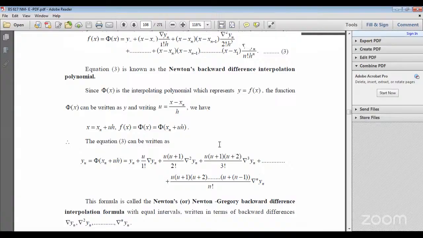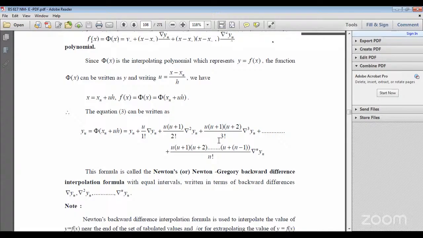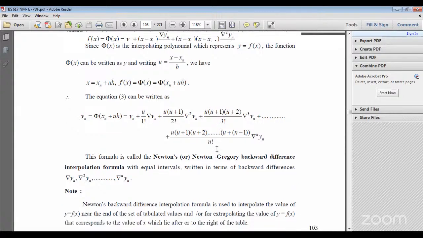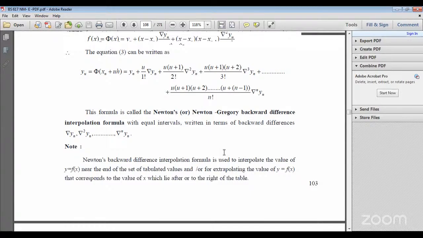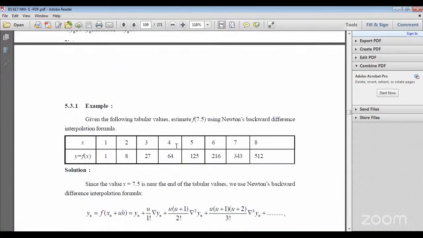The equation can be written as phi = y_n + u by 1 factorial ∇y_n + u(u+1) by 2 factorial ∇²y_n + u(u+1)(u+2) by 3 factorial ∇³y_n and so on, up to u(u+1)(u+2)...(u+n-1) by n factorial ∇ⁿy_n. So this is the formula called Newton's or Newton-Gregory backward difference interpolation formula, with the remainder written in the backward differences we are taking here.